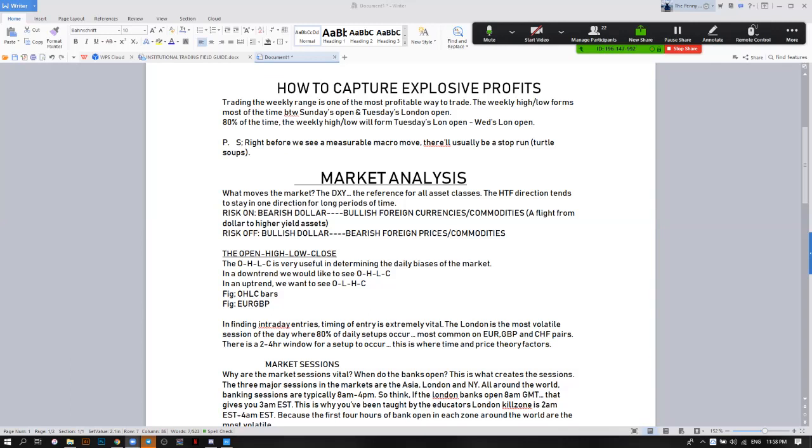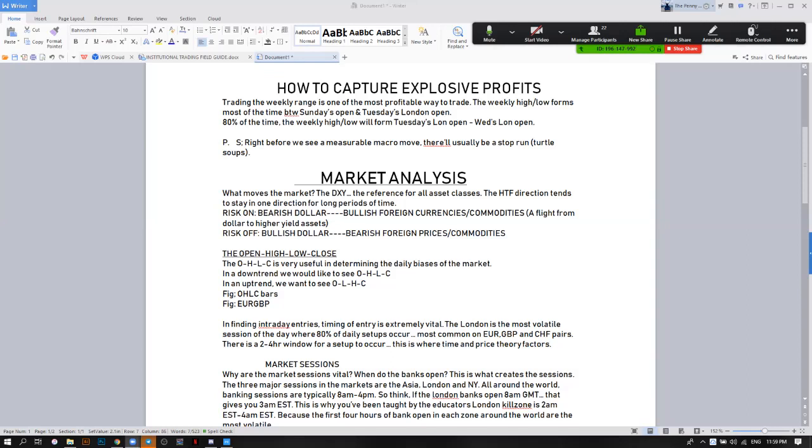So when the US dollar is bearish, all of our currencies, Australian dollar, New Zealand dollar, pound, euro, Swiss franc, they're all going to be bullish against US dollar. This is called a risk-on scenario because there's a risk in the US dollar. There's a risk in the marketplace, which is the US dollar, the base currency of the world.